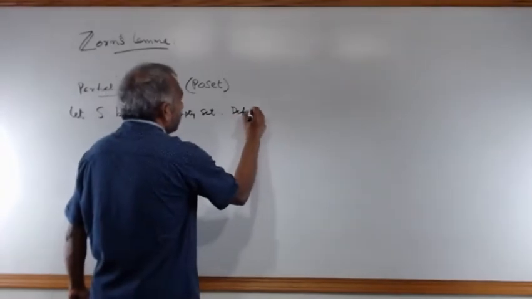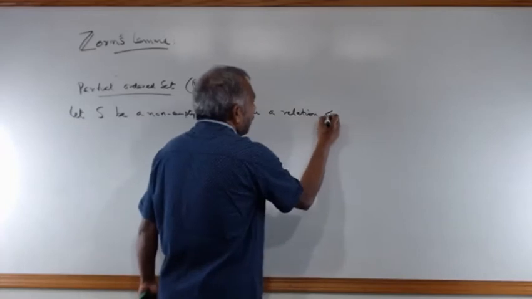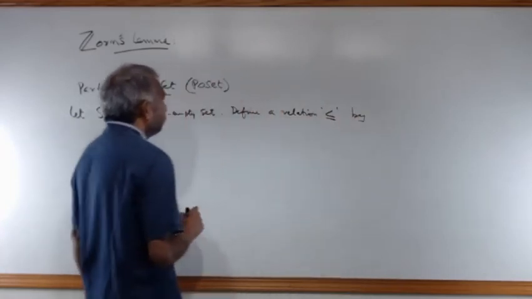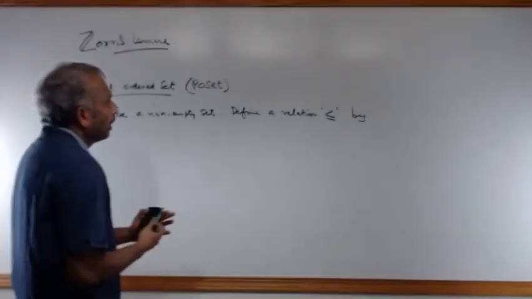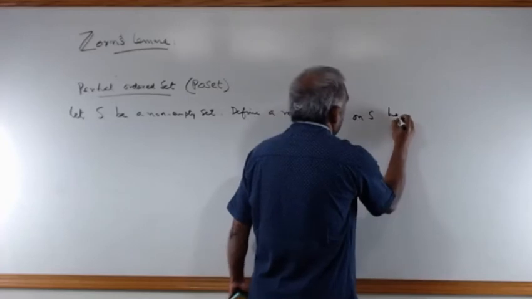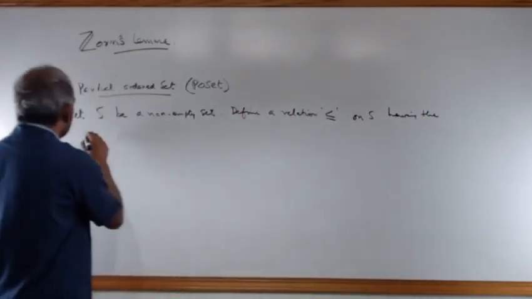Define a relation, normally denoted by this, on S, having the following properties.